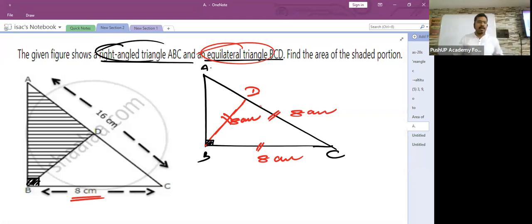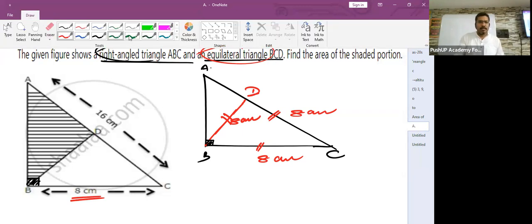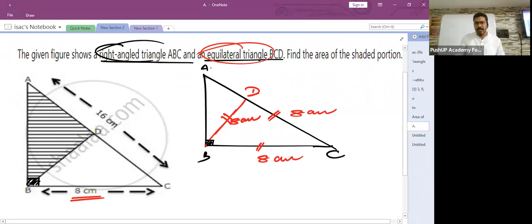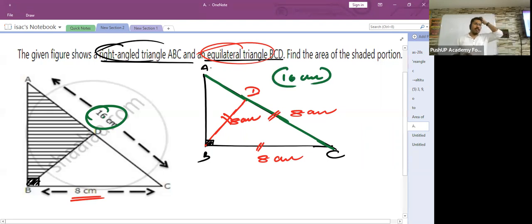Now they are asking us, and children, one more important note they have given. What is it? The value of AC. How much is the value of AC? It is equal to 16 centimeters. The whole of AC is equal to 16 centimeter.